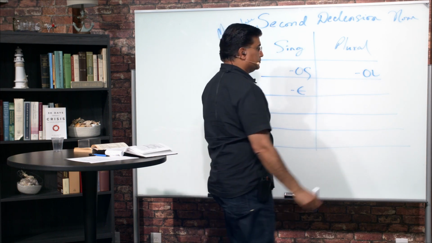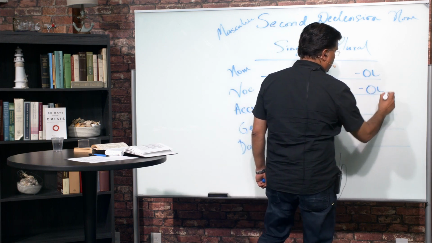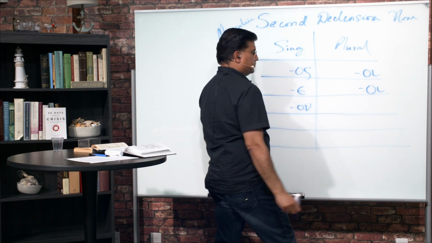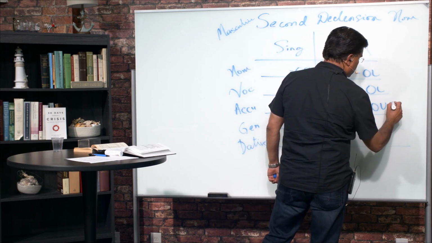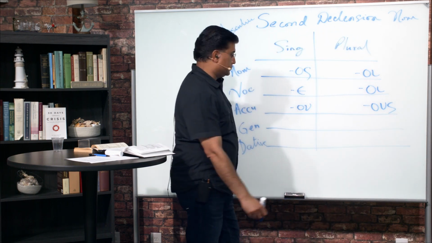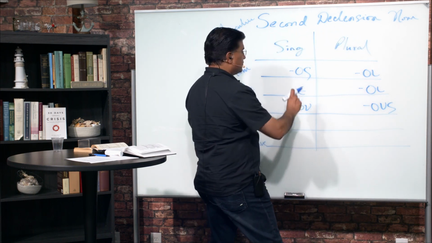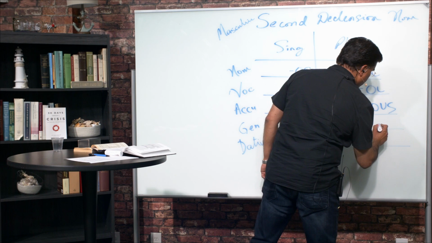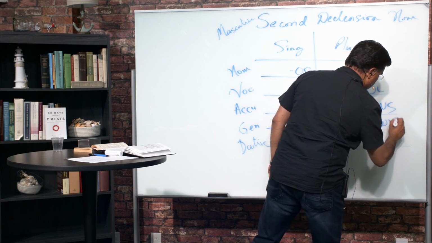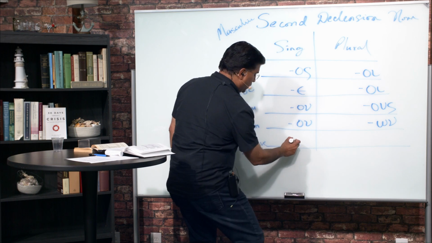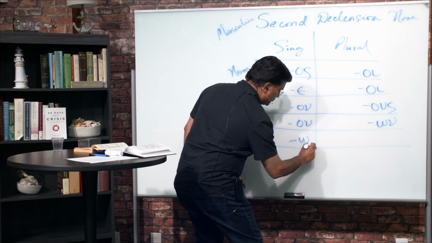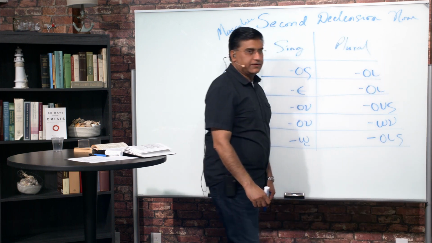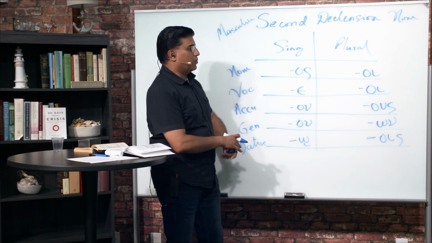Os, oi, e, oi, on, us, u, on, o, ois. That is your paradigm.